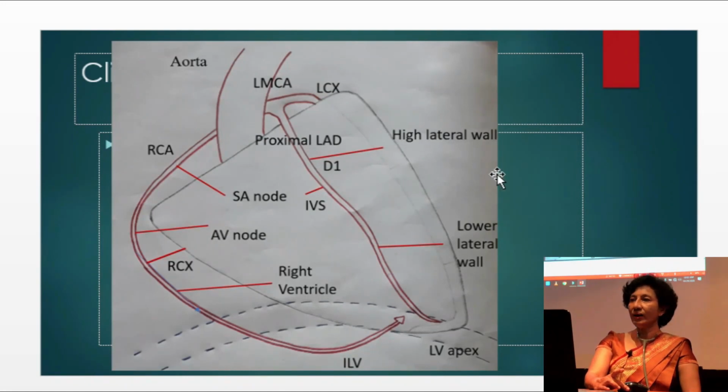Therefore, leads 1 and AVL will show ST segment elevations and leads 2, 3, AVF will show ST segment depressions. Those are the reciprocal changes. Remember that in some ECGs, the reciprocal changes are more prominent than the ST segment elevations.